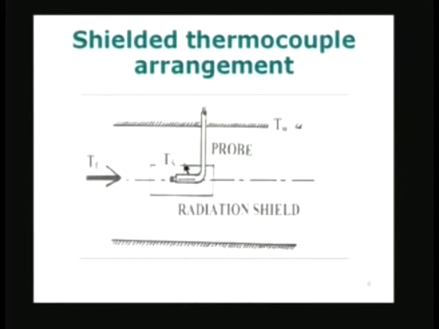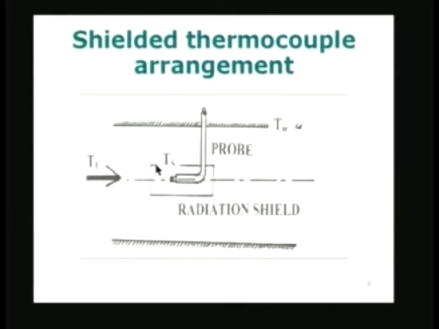It is actually going to view only the shield, and therefore, the heat transfer is going to take place from the probe to the shield, and the shield outside will of course have heat transfer taking place to the walls of the duct, which is at a lower temperature.